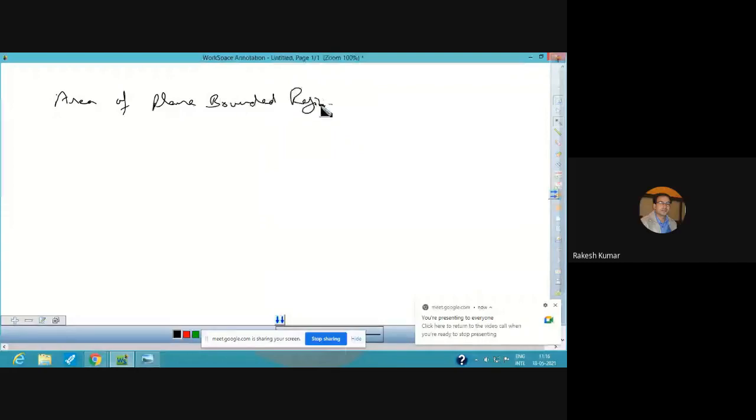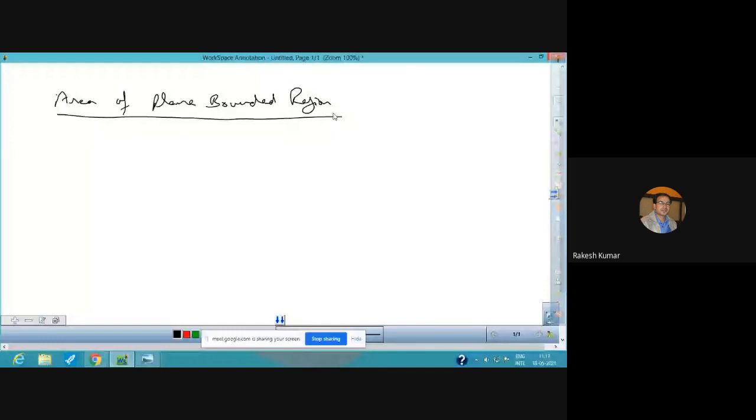This is to be done with the help of double integration, and double integration will help us find the area of a plane bounded region. So area in Cartesian coordinates will be the double integral of dy dx.